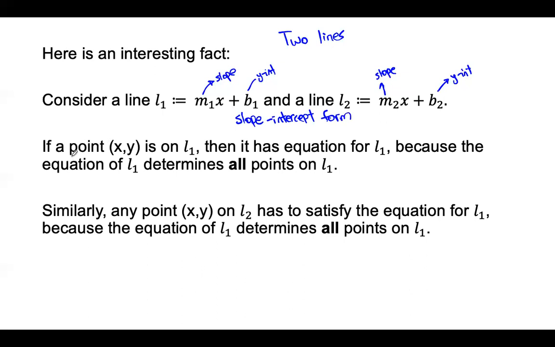So if we consider a point xy on L1, then it has this equation L1, which we just saw. So it determines all those points on that specific line. So we could write a little note. A point, let's say xy, is of this form, y equals m1 x plus b1.